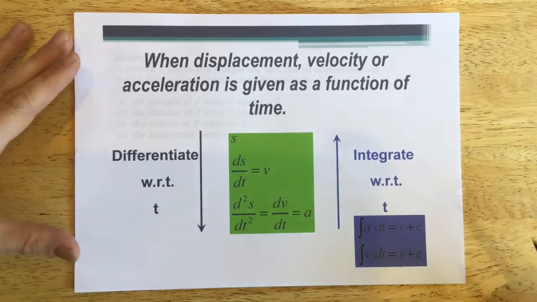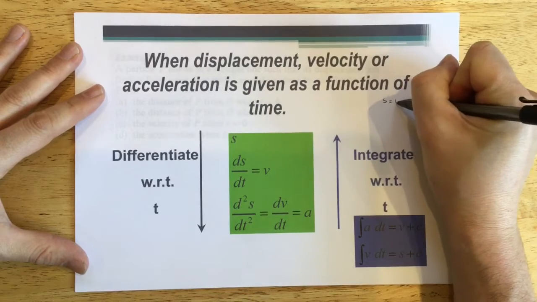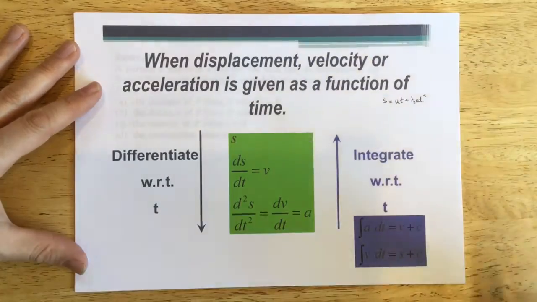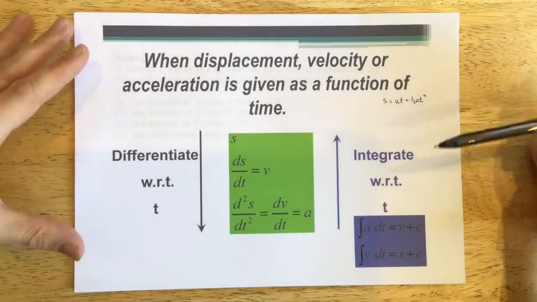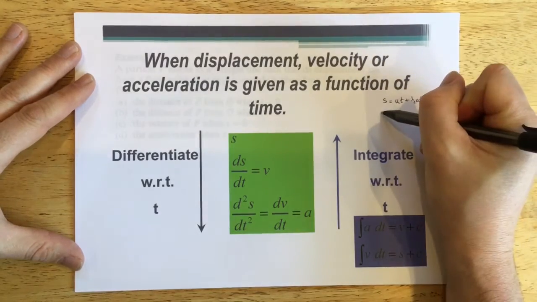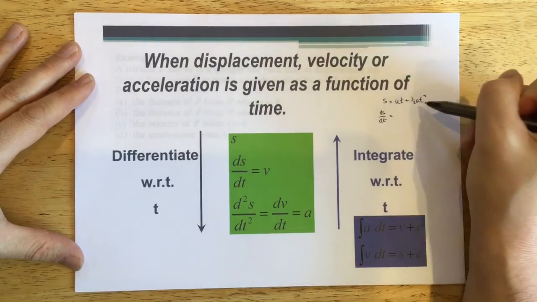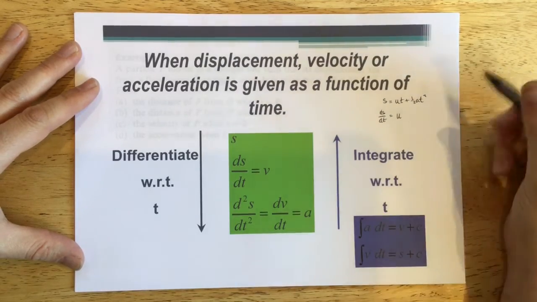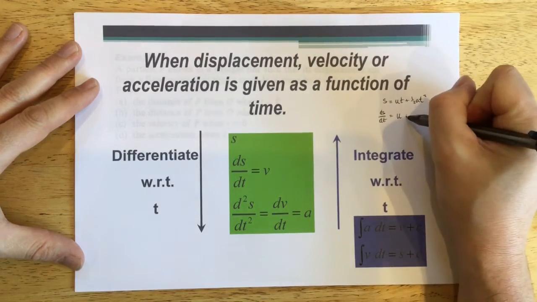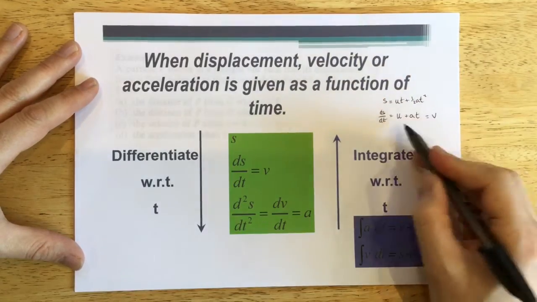Sometimes remembering which way round it is, I think if you hark back to s equals ut plus a half at squared, the SUVAT equations, not quite completely true, but if you look at this and differentiate that, then ut with respect to t differentiates to give u. A half at squared with respect to t gives you at, and we know that v equals u plus at.